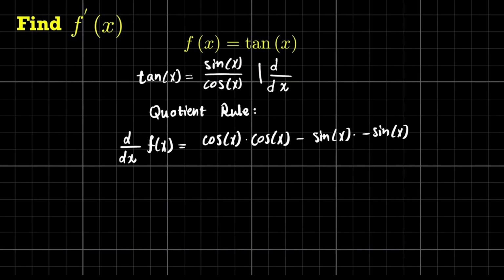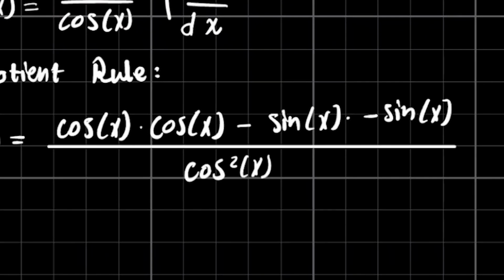And then, to complete the quotient rule, we're going to divide these two terms by cosine squared of x.